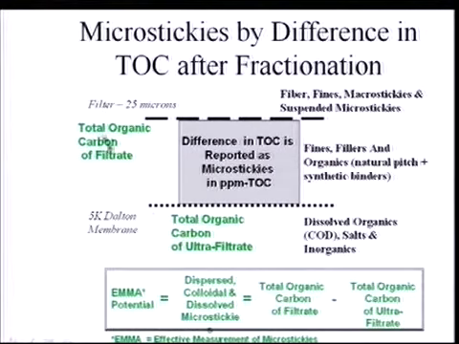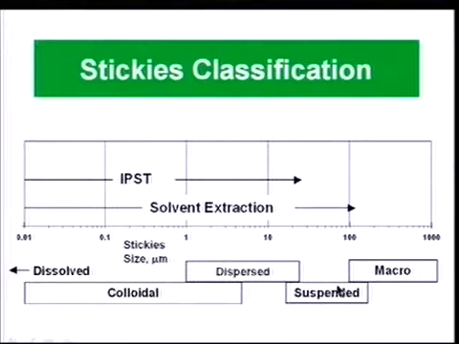And the difference between these two measurements is assumed to be related to the amount of microstickies in the sample. So this method essentially goes from 25 micron all the way down to dissolved material. So there is a slight difference between the amount of stickies considered by the solvent extraction method and those considered by the IPST method.